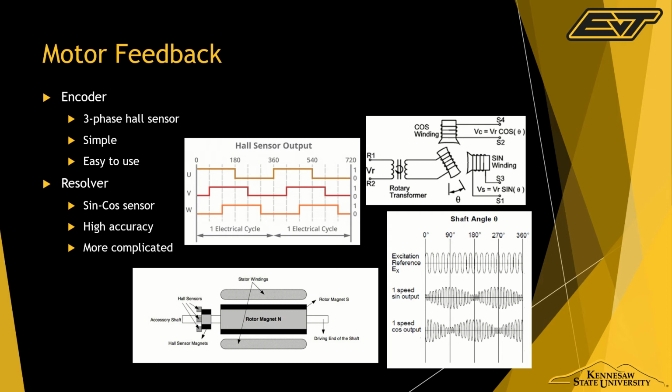Now, another thing that I forgot to mention about an encoder is that sometimes, very rarely, you will find a single phase encoder, or a dual phase encoder, where basically all it gives is whether it's moving forward or backward. And typically, we don't want to use those. The reason why is because it's very easy to skip a step.